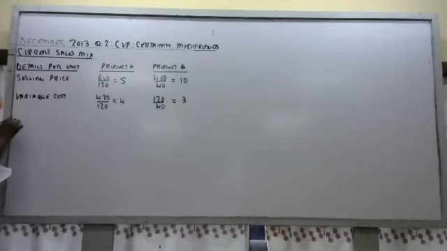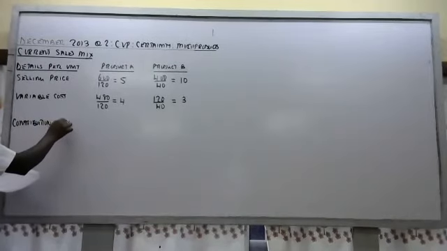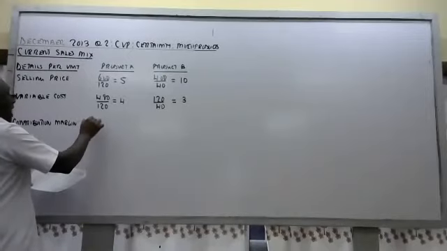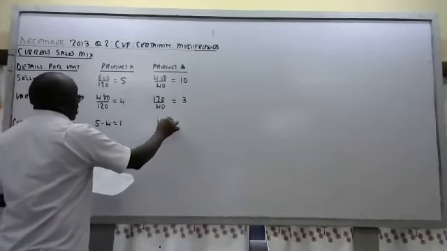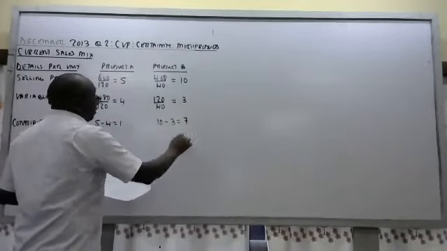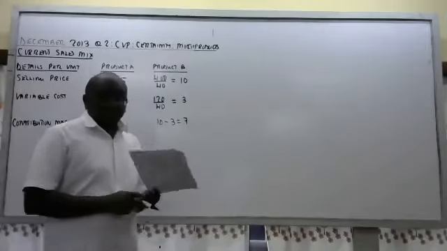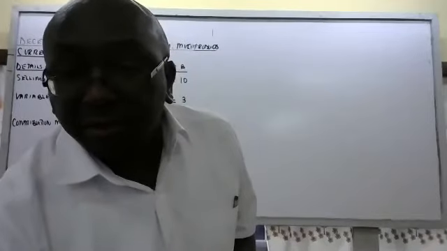And then contribution margin. Contribution margin is 5 minus 4, that is 1. Here is 10 minus 3, that is 7. That is the contribution margin.